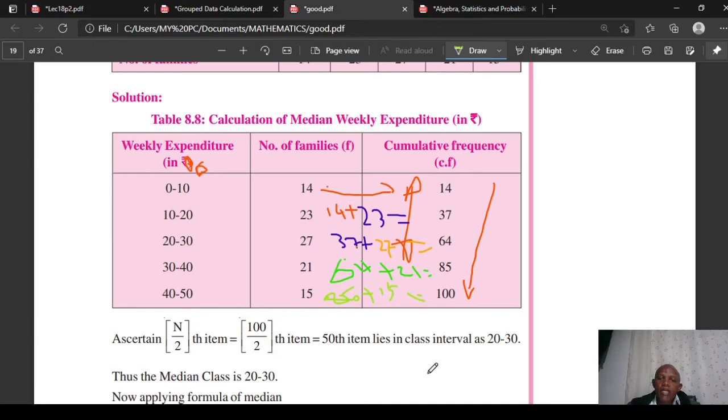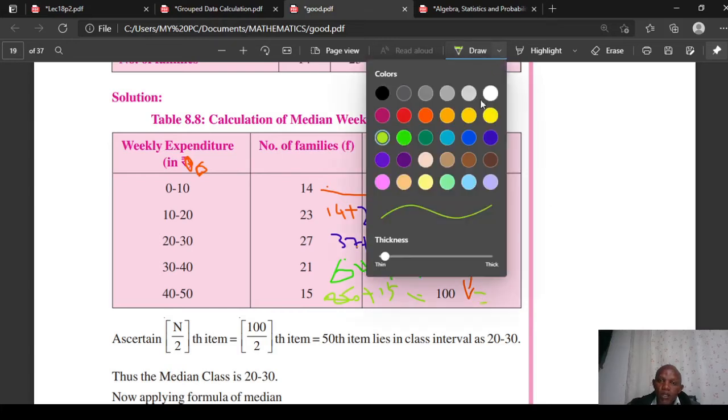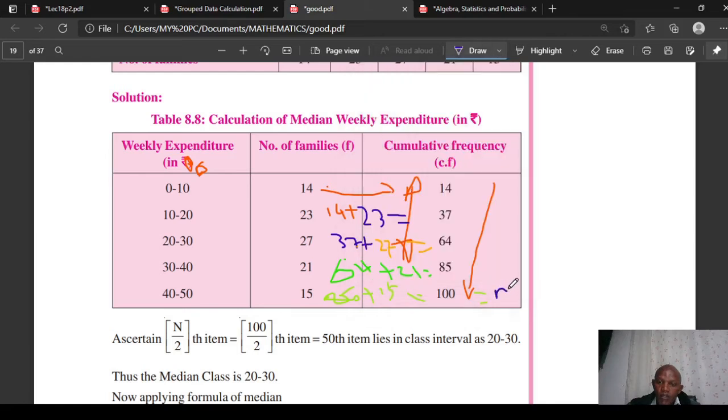Now if you have got 100, remember this is weekly expenditure and number of families, so it means that the total number of families is 100.